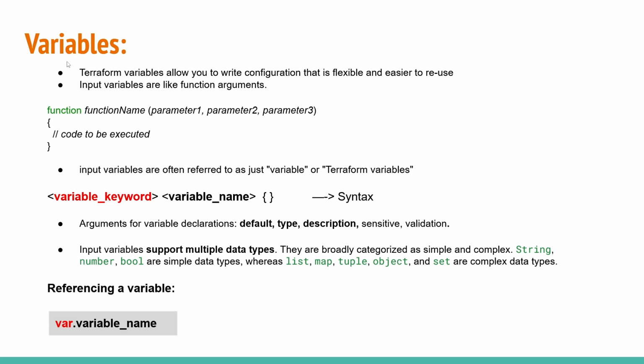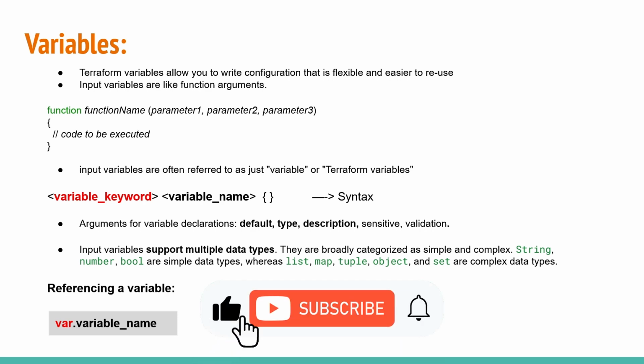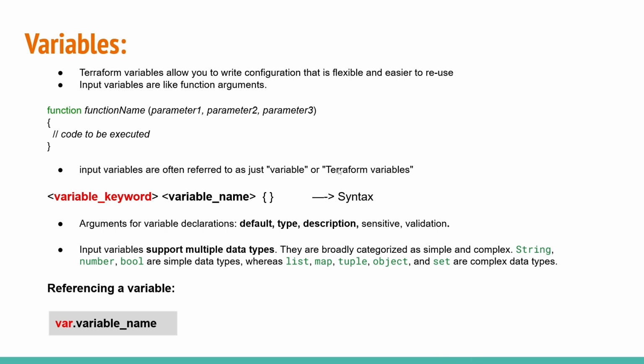There are multiple variables, but in this tutorial we are going to discuss the input variable, which is often referred to as variables, otherwise Terraform variables. But in most of the documentation, variable name is referred to for creating new variables.